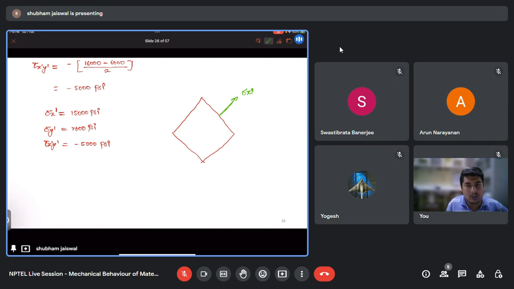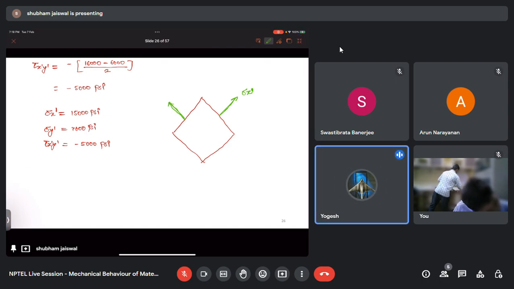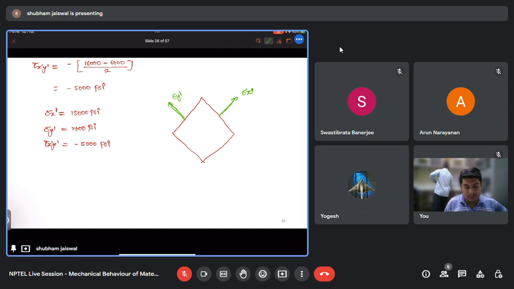Yes, sir, correct. This will be our y prime axis, sigma y prime. Here also we have sigma y prime, and here sigma x prime.